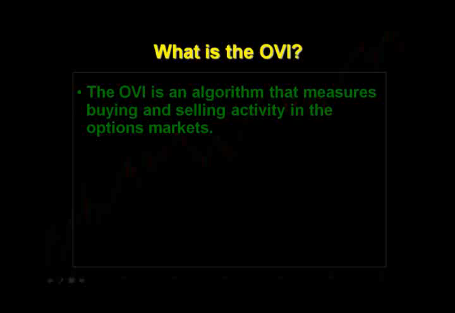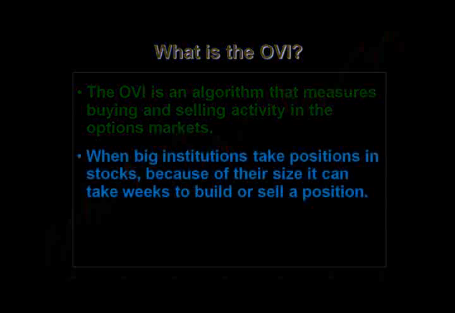Well, the OVI is an algorithm that measures the buying and the selling activity in the options market. Now, when big institutions take positions, and by big institutions I mean hedge funds, pension funds and life insurance funds, because of their sheer size, it can take them weeks to build up or sell a position in a stock because they're trading in terms of millions and millions of dollars, and that means millions of shares as well.